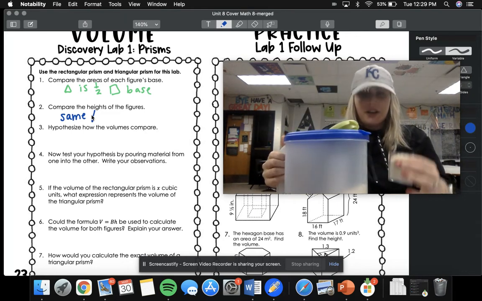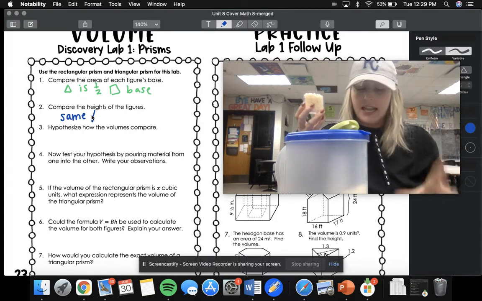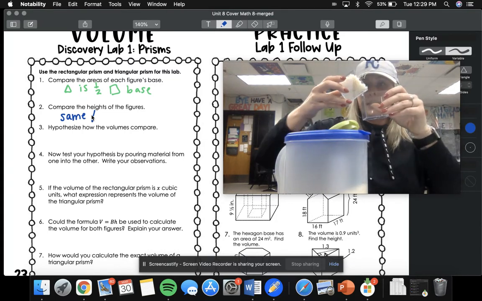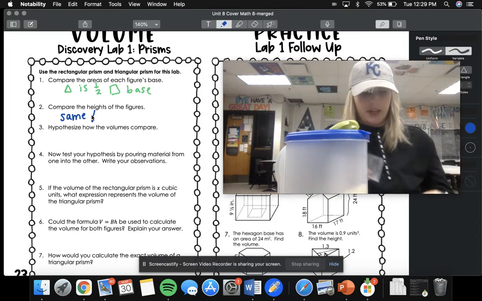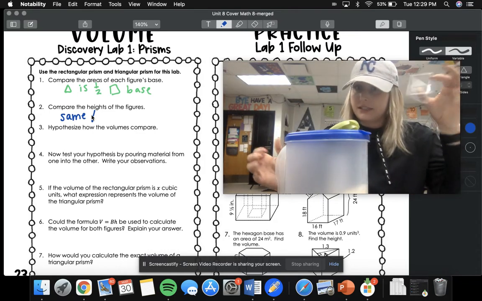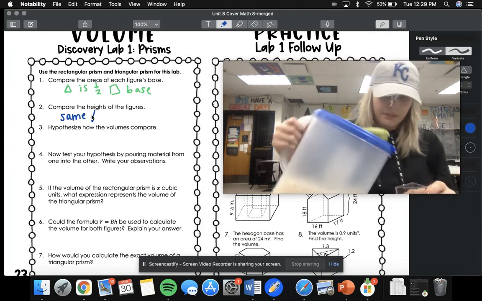So here is one triangular prism filled up as best I can, and I'm going to pour it into my rectangular prism. Notice anything? Perfect. Now I'm going to fill it up again because the rectangular one is not full yet.